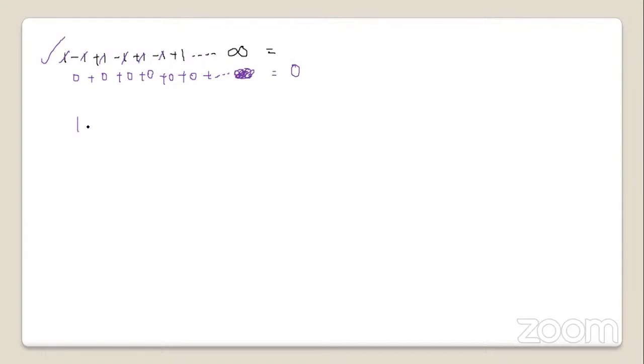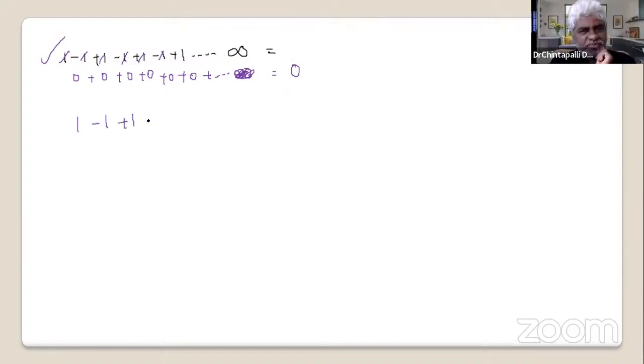But if you take it like this, 1 minus 1 plus 1 minus 1 plus 1 minus 1 plus 1 minus 1 plus 1, and so on to infinity, we can understand the thought process of Srinivasa Ramanujan in this example also.